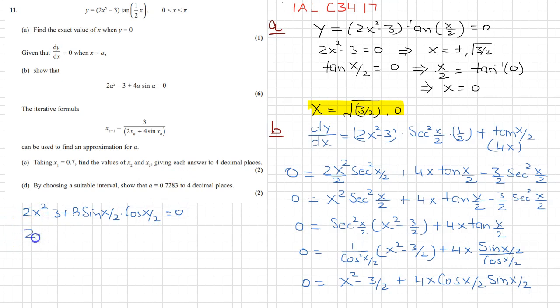So this is 2x² − 3 plus 4x times 2 sin(x/2) cos(x/2) equal to 0.